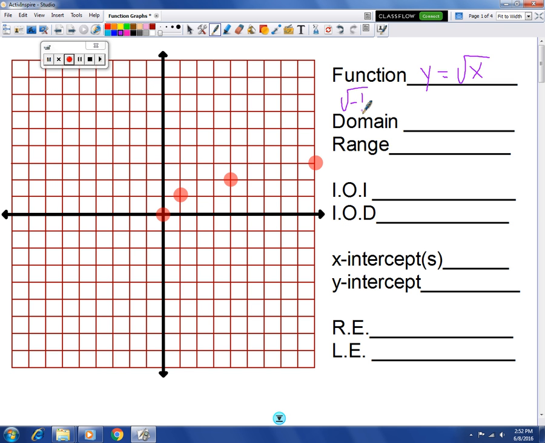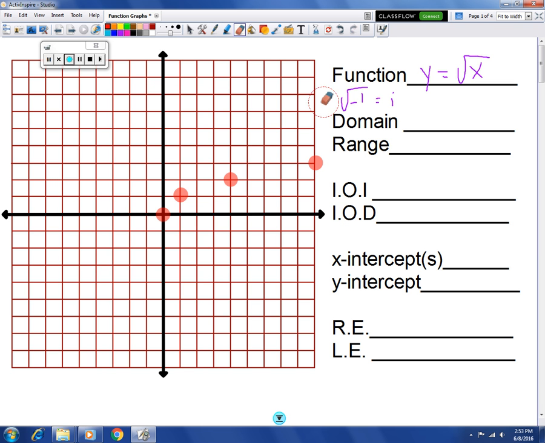When we work with complex numbers, the square root of -1, as you recall, is i. And if we did change the y-axis to an i-axis, we could actually graph with a negative, but we're not going to do that. We're just going to stick with real numbers.